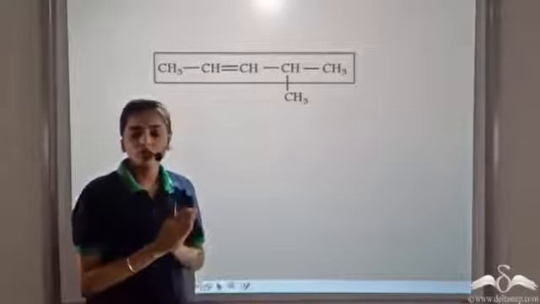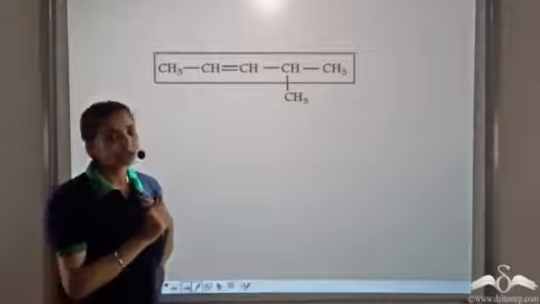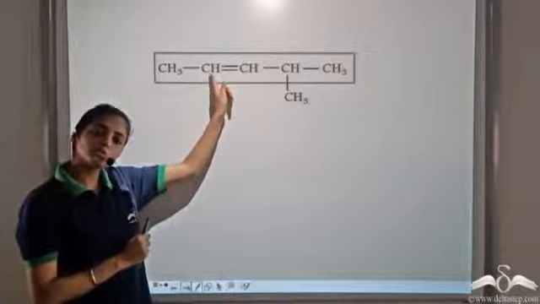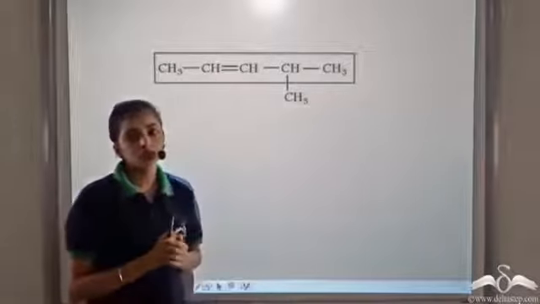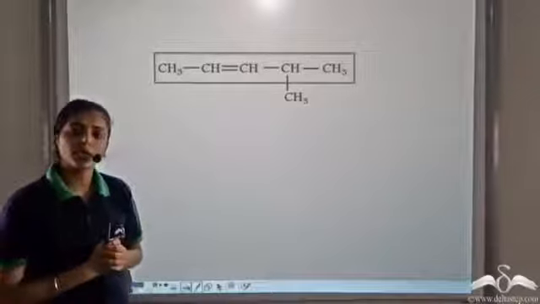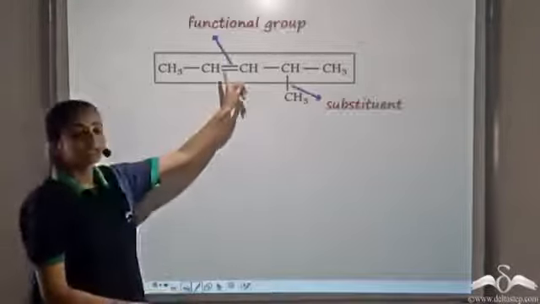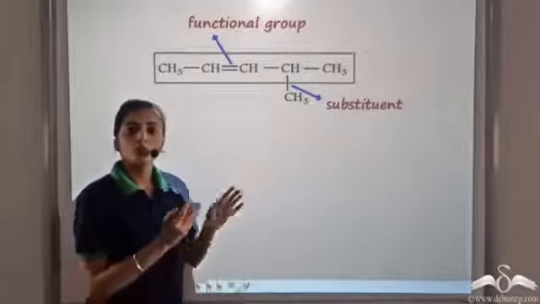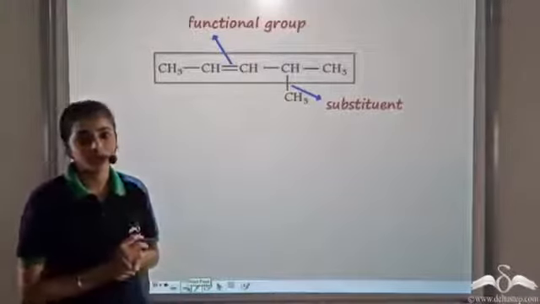Now we know that we give the lowest number to the substituent or the functional group. In this case, if we start from left, the functional group gets position number 2. If we start from right, the substituent gets position number 2. So how do we start the numbering? We know that the double bond is a functional group and CH3 is a substituent. So while giving the lowest number, the functional group gets a higher priority.